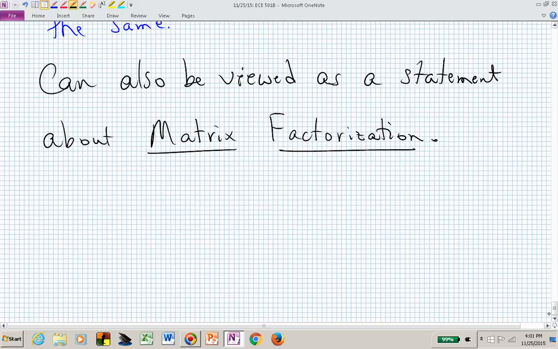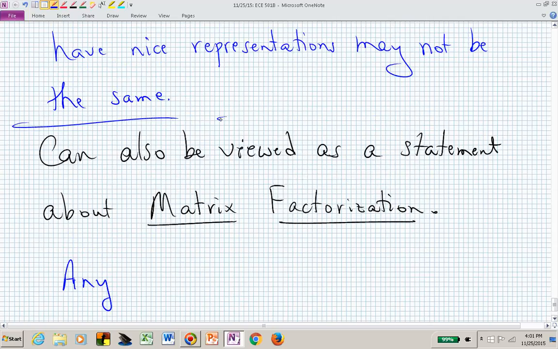Meaning any matrix. So we were talking about operators, but we know the matrix representation of those operators. We know that we can factor that operator into two different parts. One is a positive operator, one is an isometry.